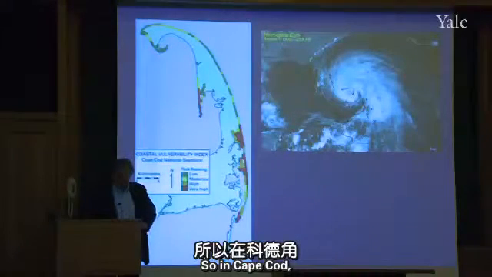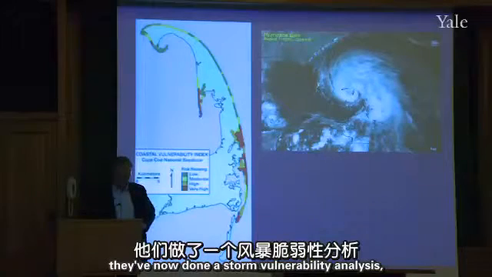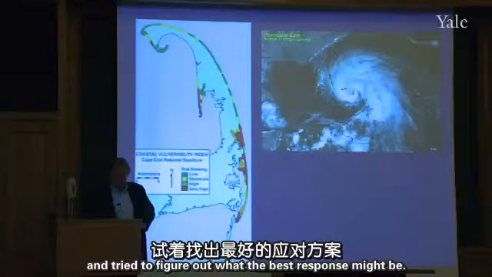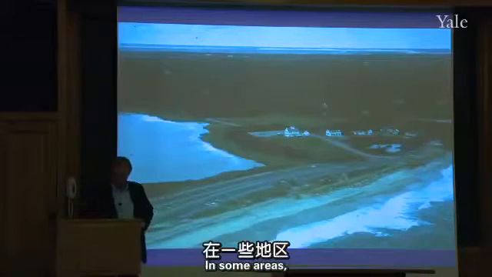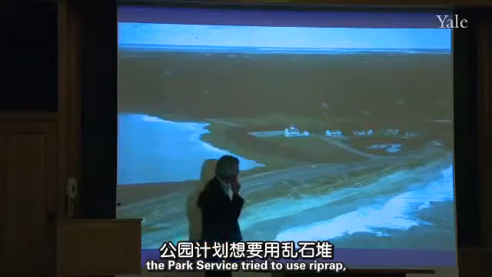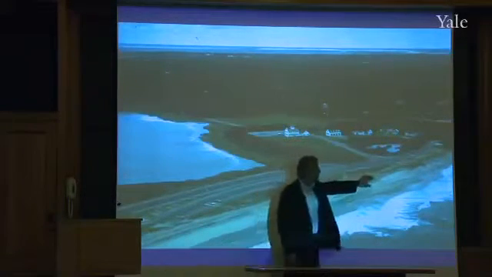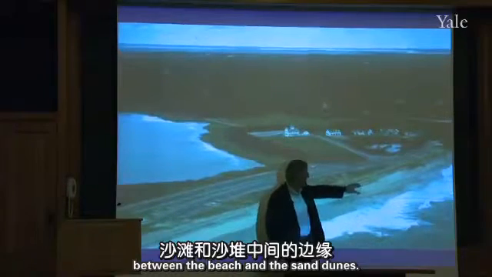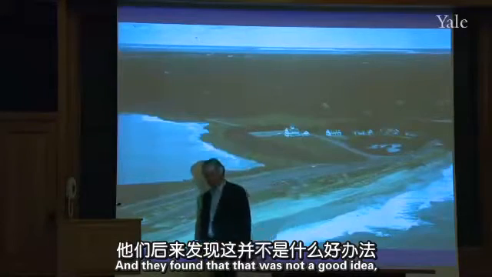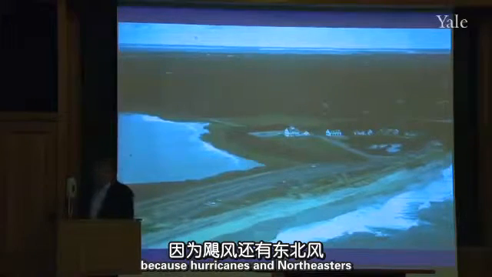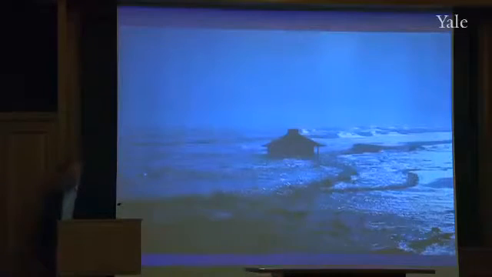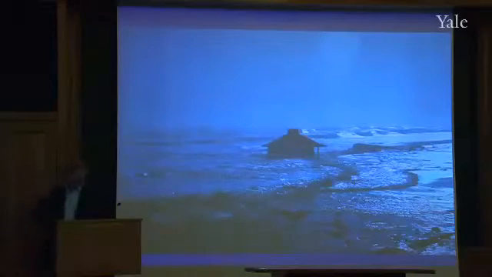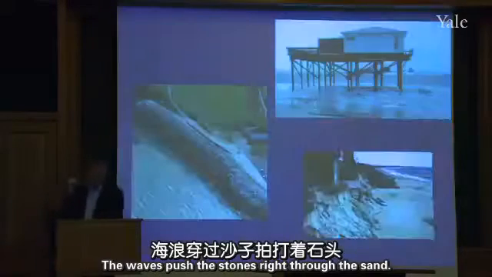So in Cape Cod, they've now done a storm vulnerability analysis, which they've done throughout the United States, and tried to figure out what the best response might be. In some areas, the Park Service tried to use riprap, which are big blocks of stone that they put against the edge between the beach and the sand dunes, and they found that was not a good idea, because hurricanes and northeasters could pick up those stones and basically chew right through the barrier island, as the waves push the stones right through the sand.